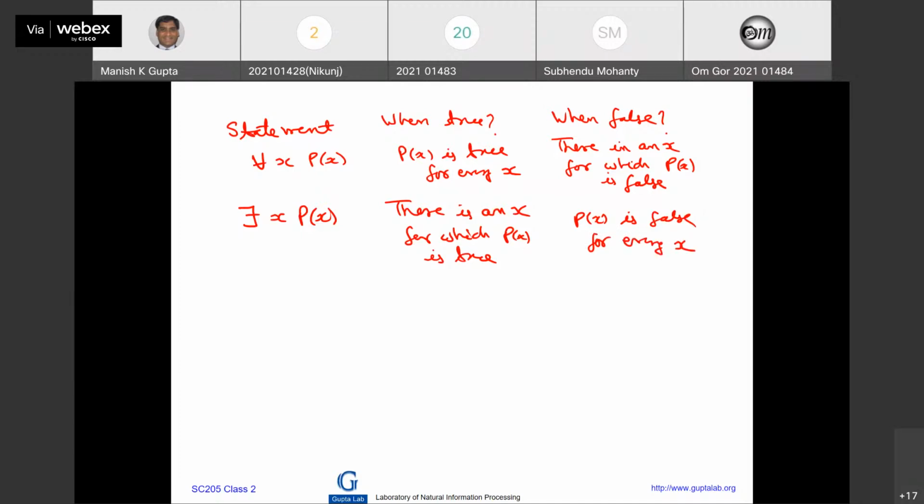So these two quantifiers, for every x, P(x) and there exists x, P(x), are interesting things, right? This is for every x, P(x), so for each member in the domain. And now it is saying that there is an element x for which you can decide about the truth or falsity of the statement. Okay.